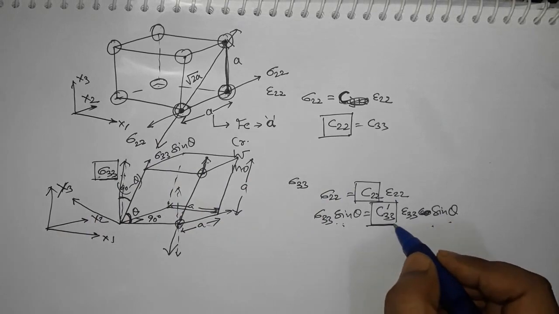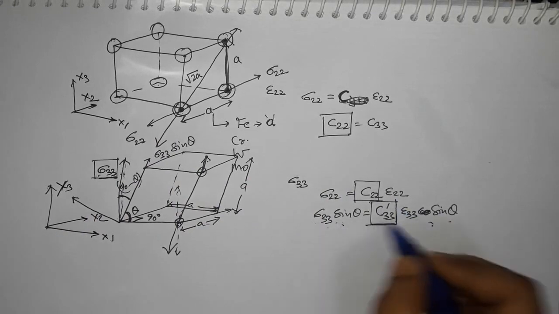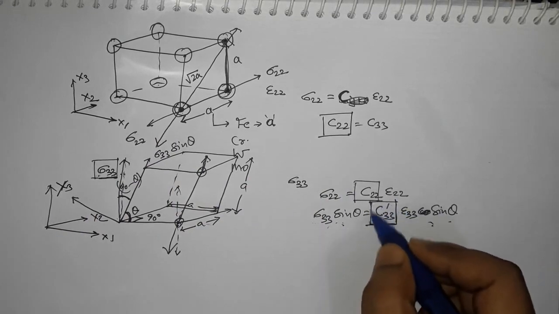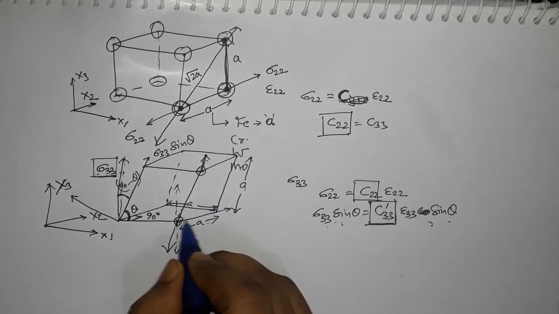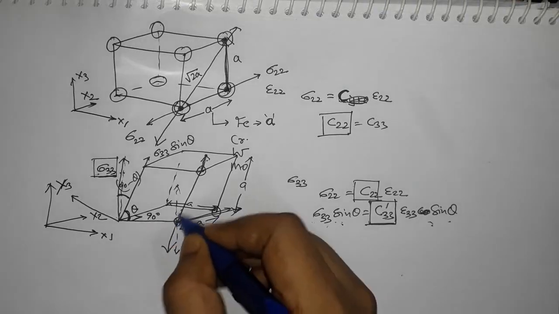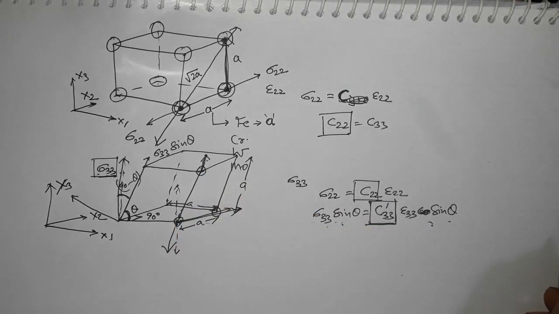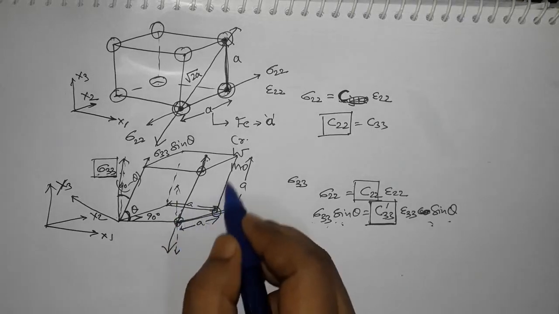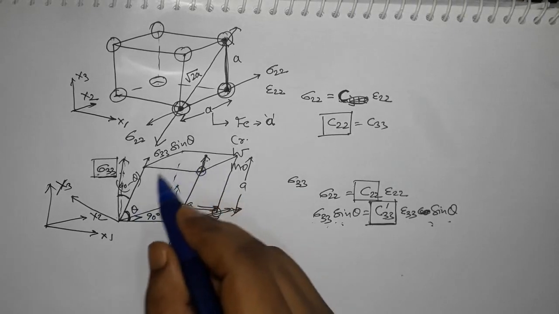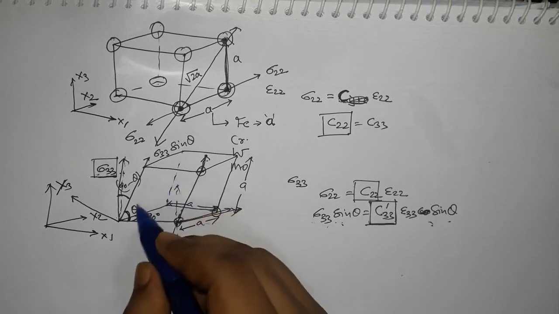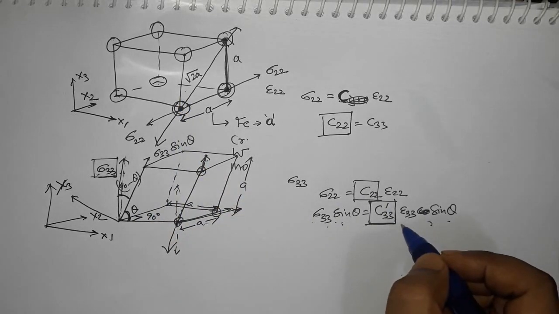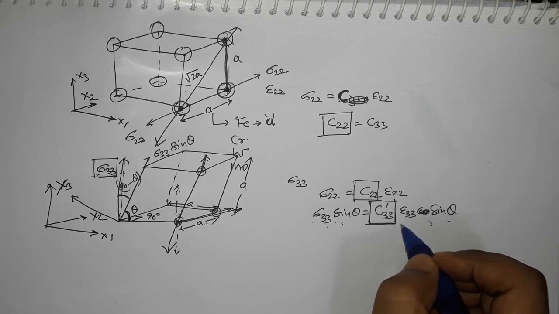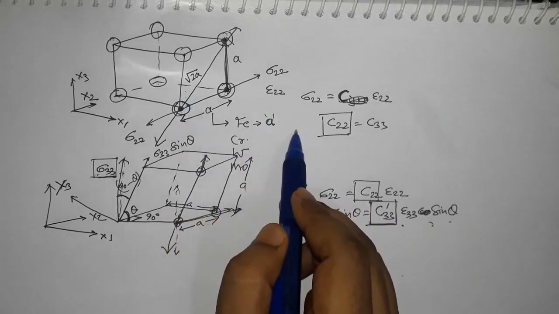So you see there will be extra stress working on this one, and because of that these atoms will not be pulled equally apart in comparison to the atoms if you apply the same stress in this direction and the same stress in that direction. Because of such a crystal structure which does not have symmetry like that one, we will have different values of elastic modulus here and different there.